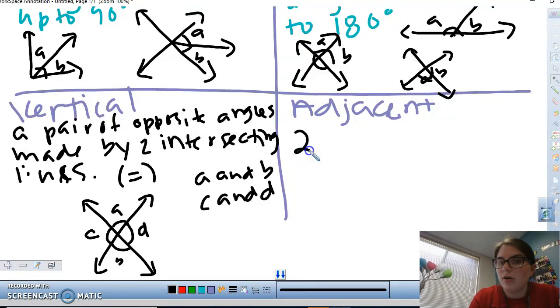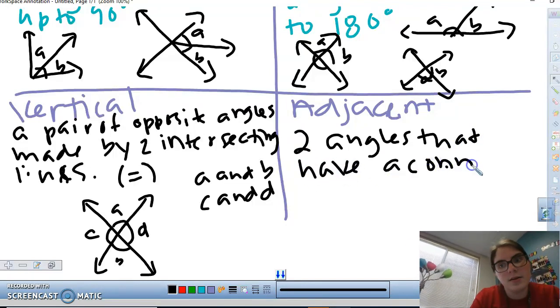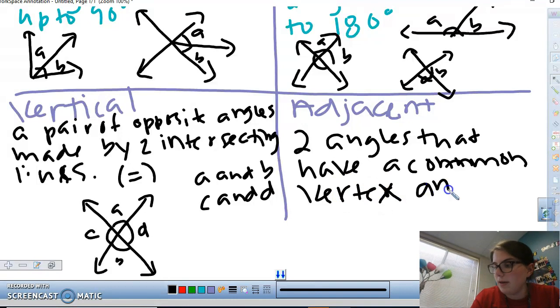Adjacent angles are two angles that have a common vertex and side.